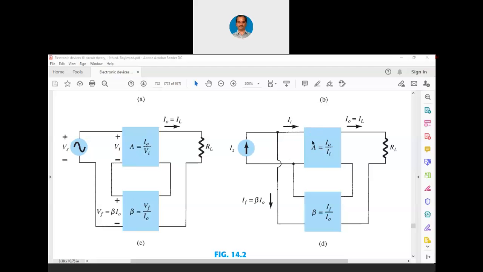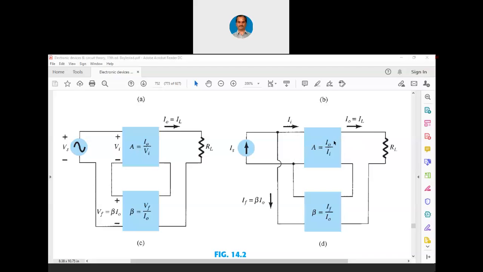Okay, so you can see here the changes in notation. Gain A is now I naught by Ii. It is not a voltage gain now, it is a current gain, because it is a current shunt feedback where current is sampled at the output and it is connected in parallel to the input. Whenever we have parallel connection at the input, it has to be a current source.